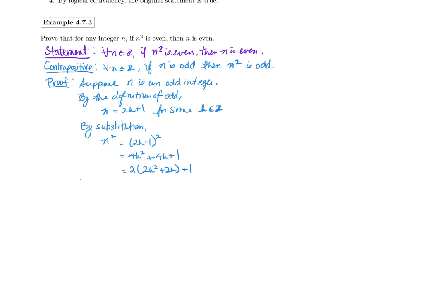So let's get to that. We're going to let p equal 2k squared plus 2k. And then we know that p is an integer because integers are closed under, and hopefully you said addition and multiplication.